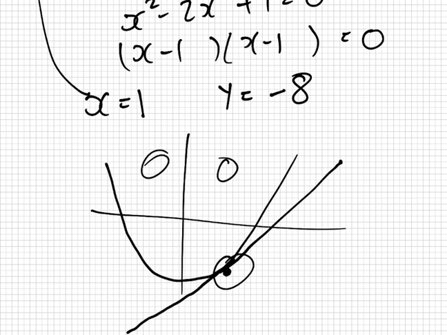So when I say rough sketch, I really want to see this point in the correct quarter, and I want to see a quadratic and a line that meet only once at that point. And that's enough. I'm not even marking the numbers in, because I said a rough sketch.